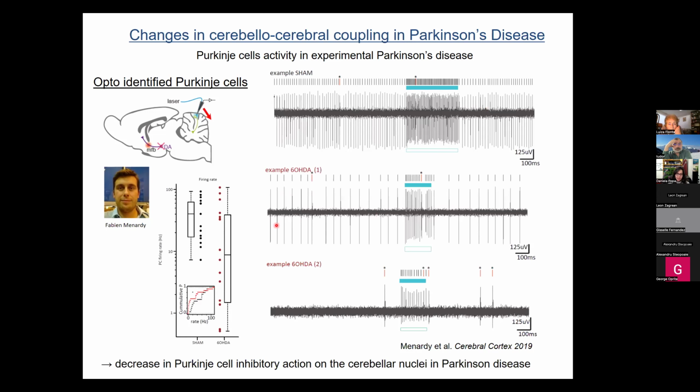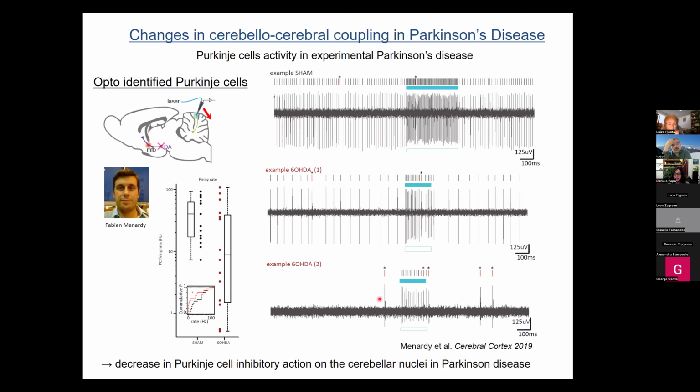Here in the model of Parkinson's disease, the 6-hydroxydopamine model, we see that some cells fire the same, but some have a low and irregular Purkinje cell firing rate, like we can see here, low, irregular, and even silent. This silent one is interesting because Fabien was able to find them using intermittent light pulses while moving forward with his optrod.